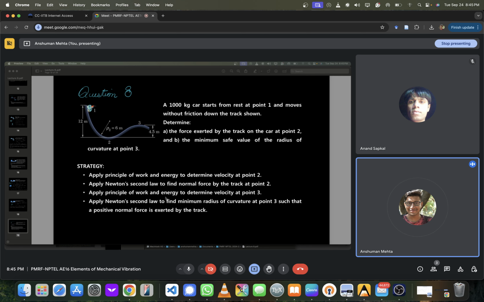Then apply Newton's second law to find the minimum radius of curvature at point 3, such that a positive normal force is exerted by the track, otherwise it will fly off. So it's similar to the previous question: three points, and we have to apply the principle of work and energy two times.